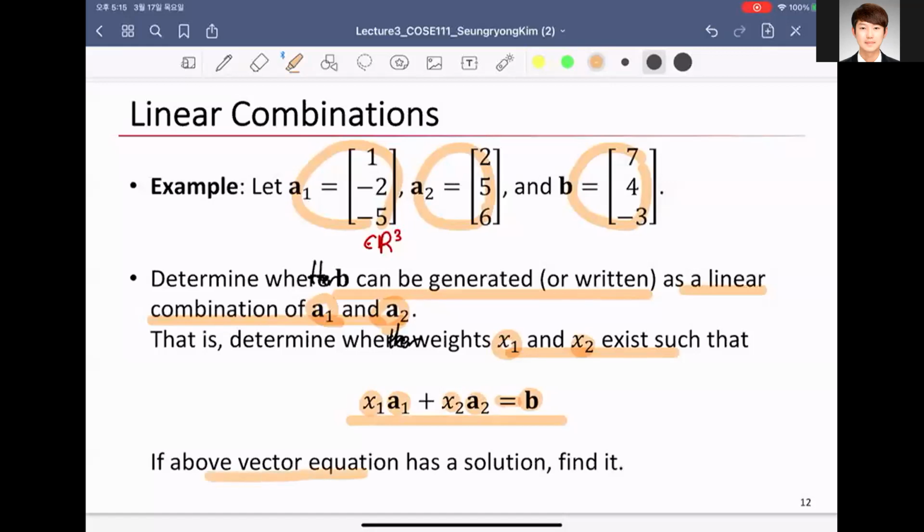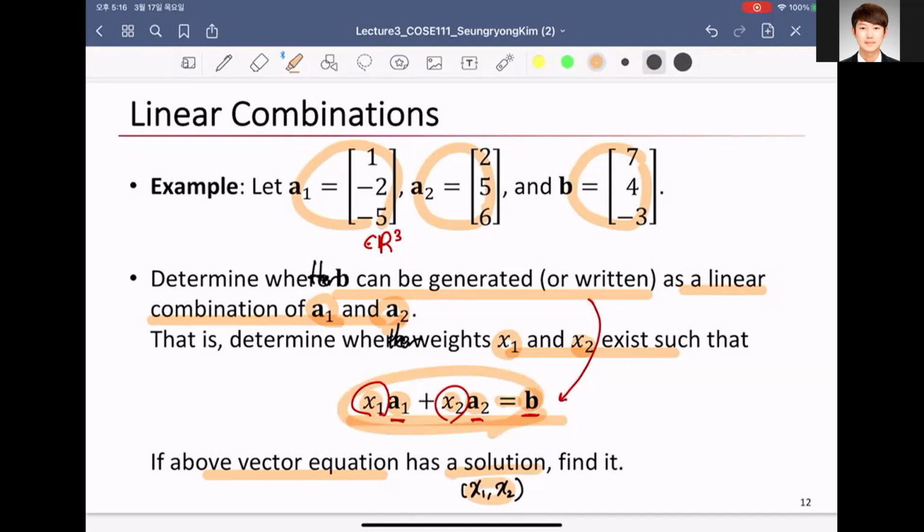If the above vector equation has a solution x1 and x2 which satisfy this vector equation, we can say that vector b is generated as a linear combination of a1 and a2, right? If x1 and x2 exist. So the question is to find the x1 and x2 that satisfy this equation.